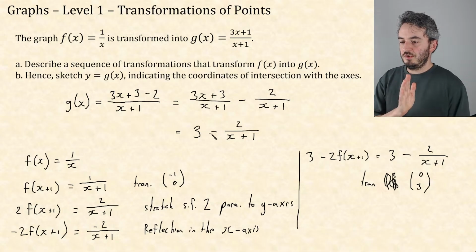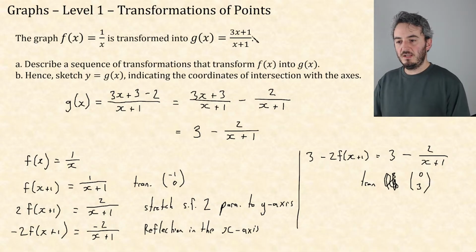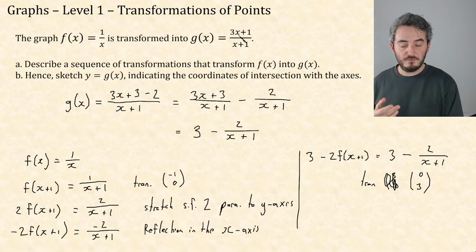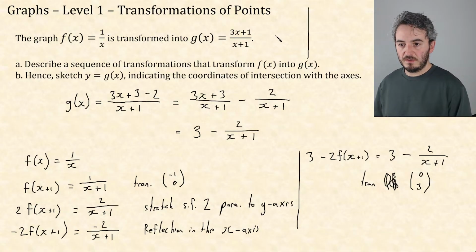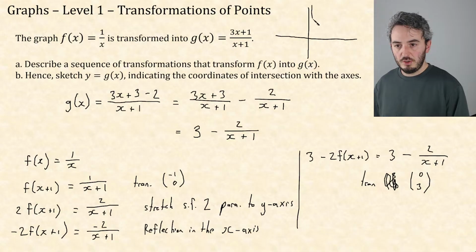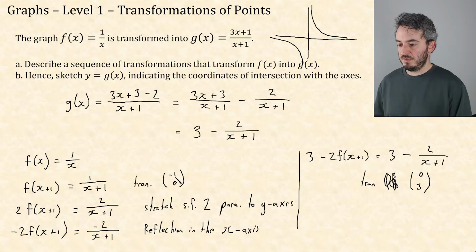So I just wanted to show you this technique here of taking basically any linear function divided by any linear function and turning it into a transformation of that reciprocal. You could then use that to sketch this. I haven't really given myself enough room, but for the sake of time I won't go through that. You're just going to take this graph here and apply these 4 steps, right?